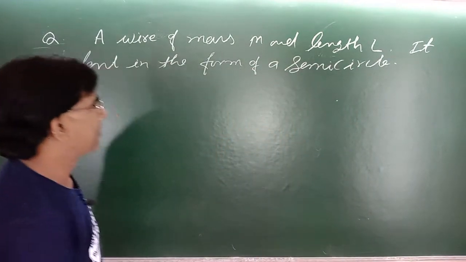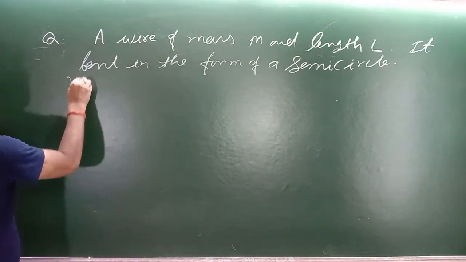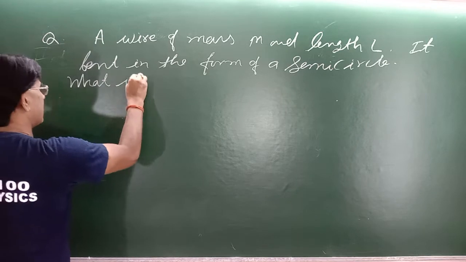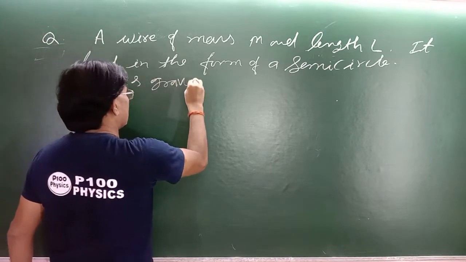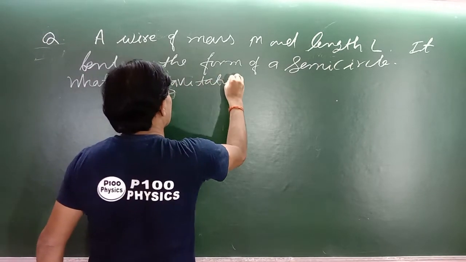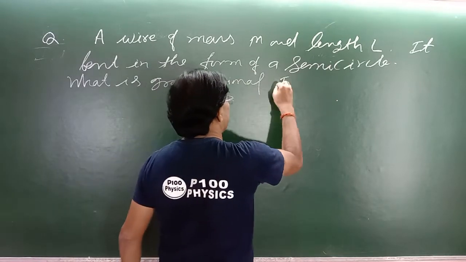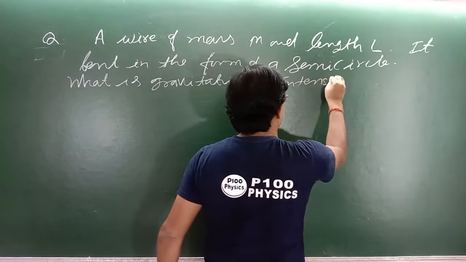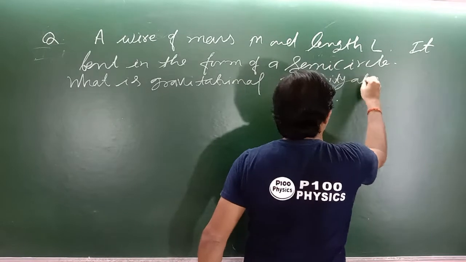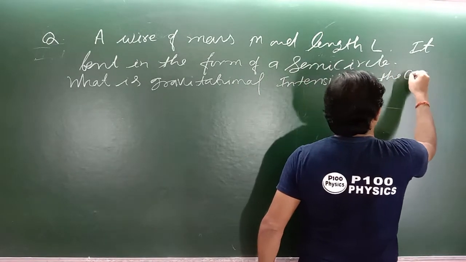It is bent in the form of a semicircle. What is the gravitational intensity at the center?